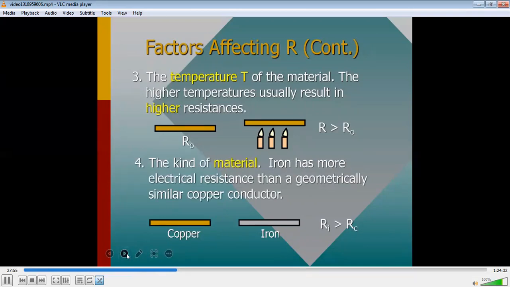Number 4, the kind of material: iron has more electric resistance than a geometrically similar copper conductor. That means between copper and iron, the resistance of iron will be greater than the resistance of copper. These are the temperature dependent properties.